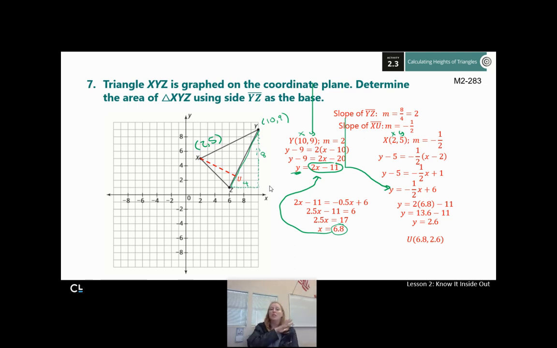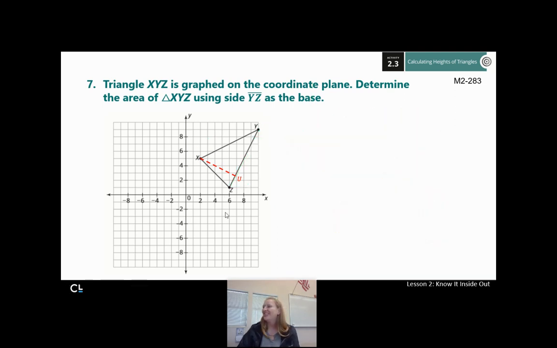Almost there. All right, so this is the worst. The worst is over. Now, did you use the distance formula? Because you're like, okay, well, this is 2, 5, and this was, what did we say? 6.8 and 2.6, right? Let's do the distance formula. Subtract my x's, 2 minus 6.8. Subtract my y's, 5 minus 2.6.